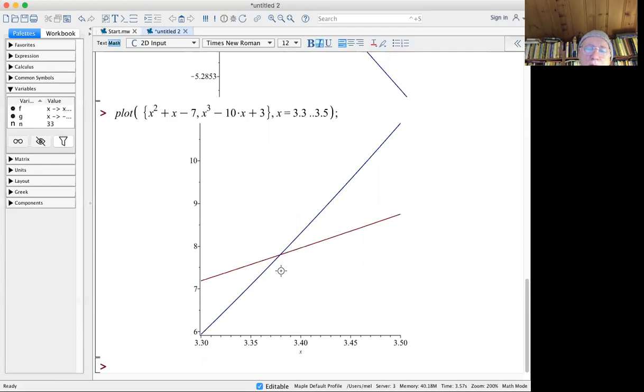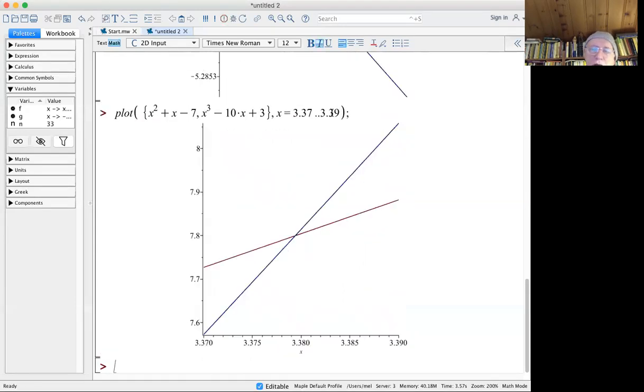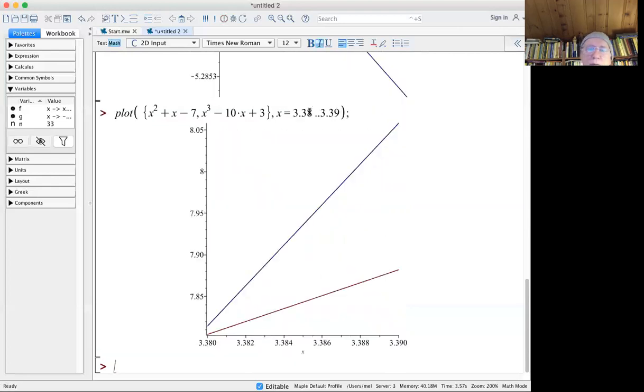Well, a little bit less than 3.4. Maybe 3.37, 3.39. Very close to 3.38. No, a little bit less.